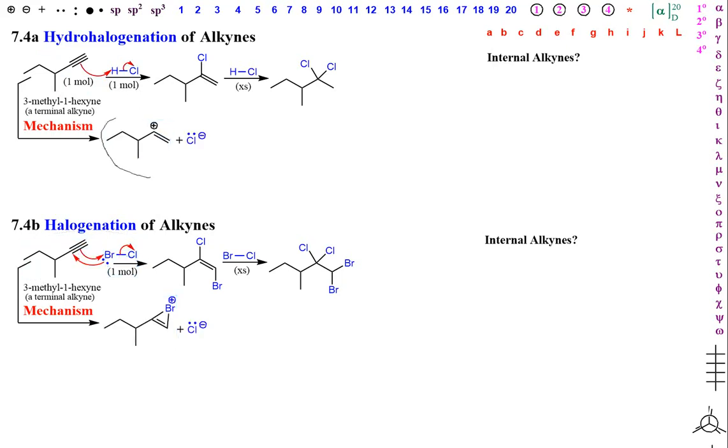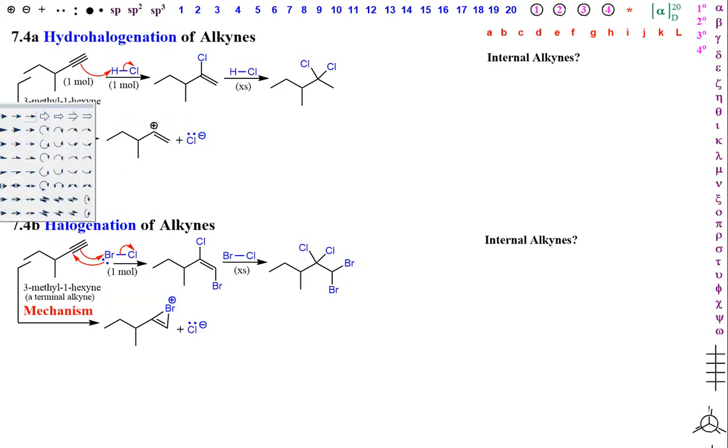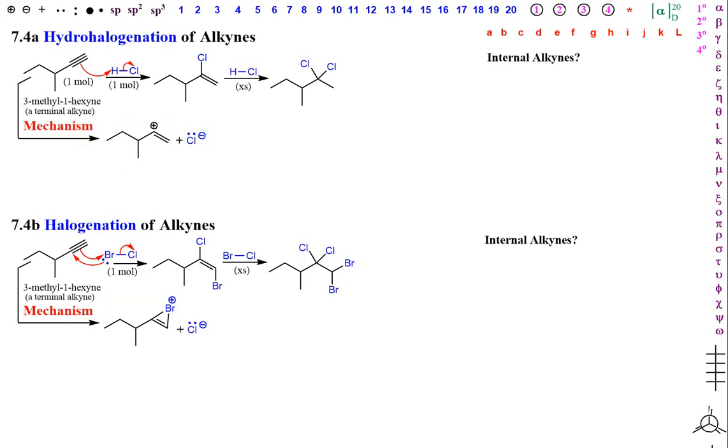Cation on the carbon that has more bonds to carbon will be attacked by chloride to make the product indicated above. Lone pair goes all the way to the carbon of the cation, makes a sigma bond. On the bottom, the chlorine is going to do a backside attack on the triangle.